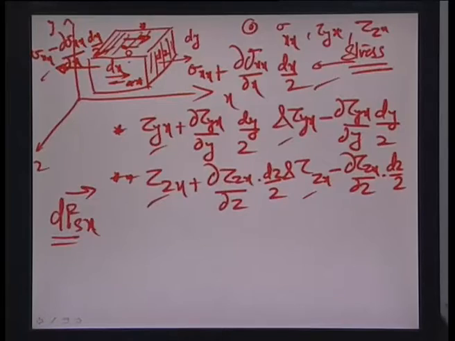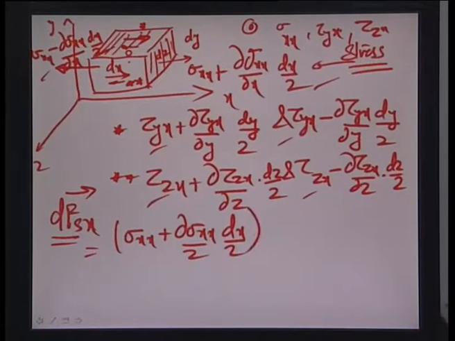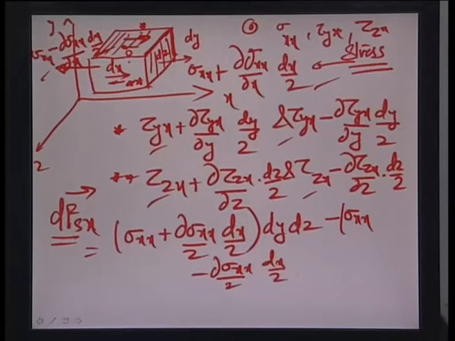So the net force in this case would be equal to sigma xx plus del sigma xx by del x times dx by 2, and the area vector here is dy dz, as I had pointed out before. Similarly you have a stress in the opposite direction, sigma xx minus del sigma xx by del x times dx by 2 times dy dz.